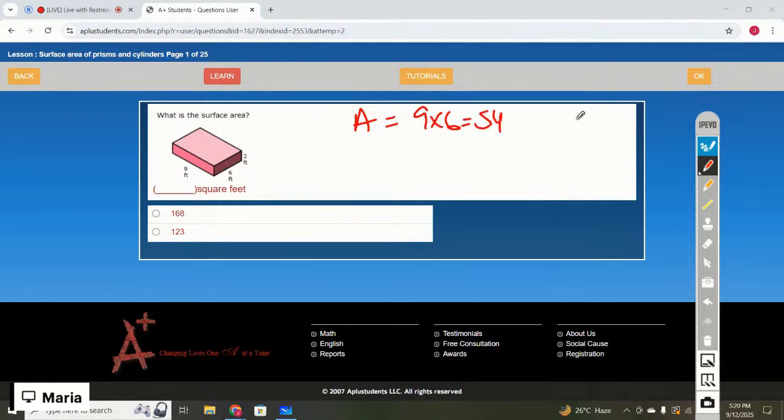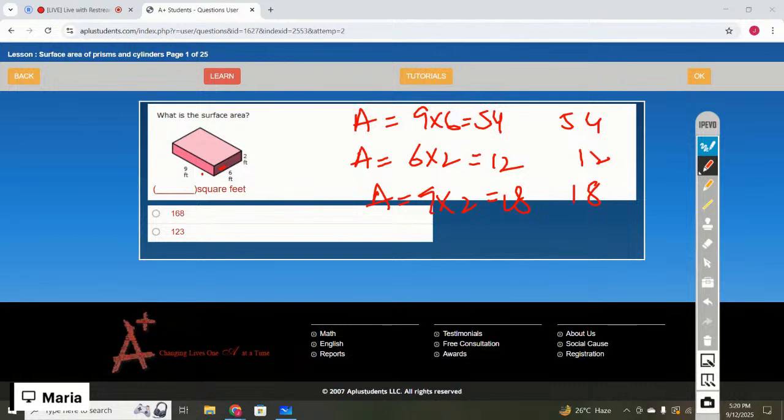That is 54. So the bottom has exactly the same area, right? Sides are 6 times 2. That is 12. And the other side has the same area. Now, the area of this side is 9 times 2, that is 18. And we need to add them all.